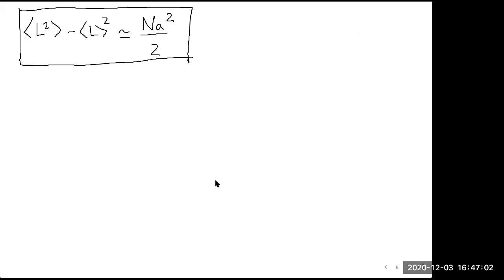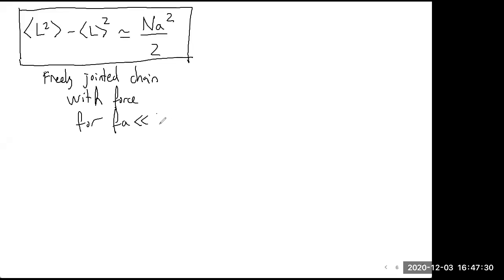It's a different model than the one we discussed the other day, but the phenomenology is not that different, because before we had average L was 0 in the other model. So this is the freely jointed chain with force, for Fa smaller than kBT. This is what we get for the length.